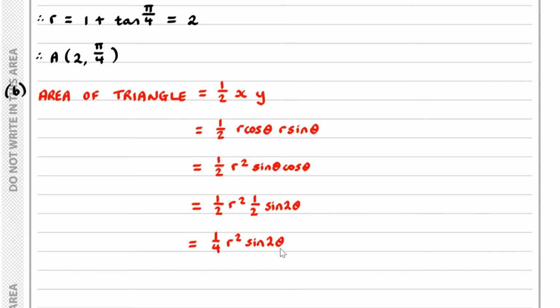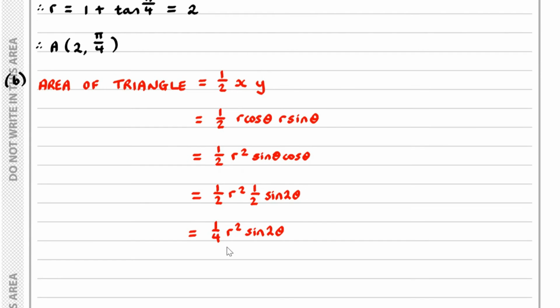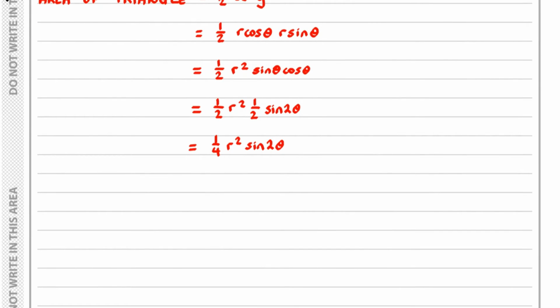And knowing what theta is and knowing what r is, we can therefore conclude we have 1/4 times by r squared, so that's 1 plus tan theta squared times by sine 2 theta.